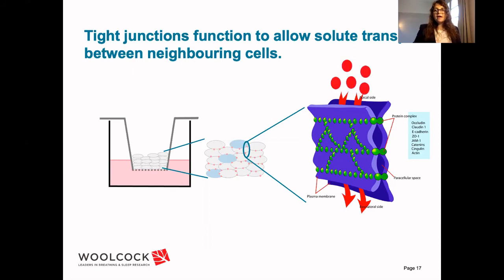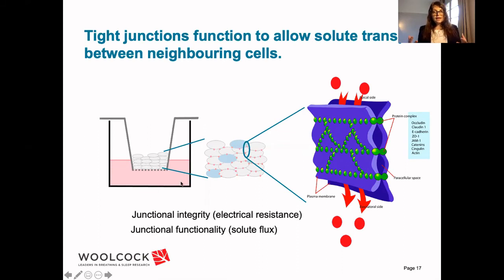So if we have a solute that is on the apical surface of your epithelial layer, it can pass through these cells, then in between the cells via this paracellular space and enter the basolateral compartment, which means we can measure things like junctional integrity by measuring the change in electrical resistance from the apical down to the basolateral.